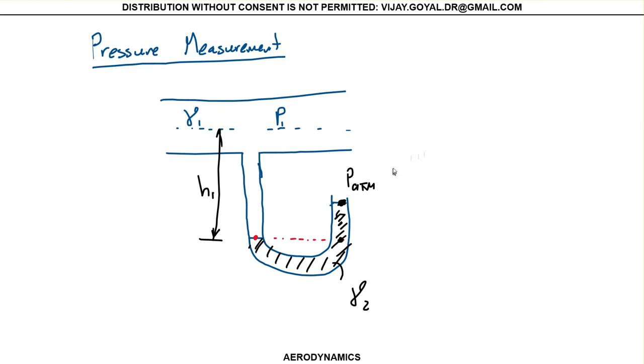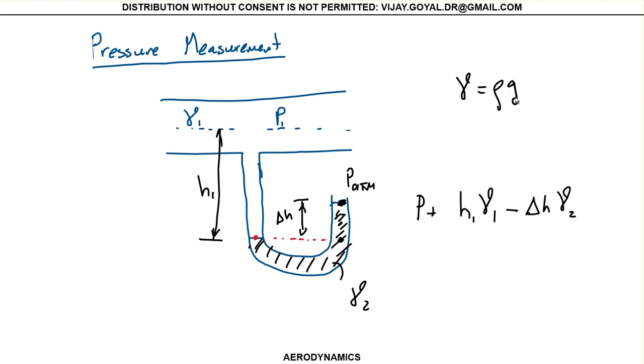So the way we will find the total pressure at the center line, this pressure will be P plus H1 times gamma 1 minus delta H times gamma 2. Remember, gamma is nothing else than rho times g. I'm using gauge pressure here, so this is equal to 0.